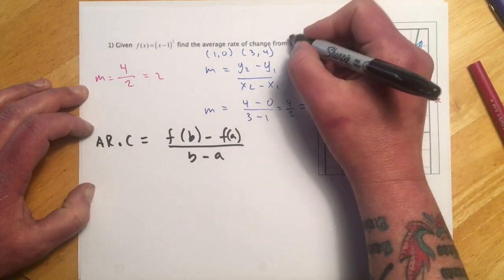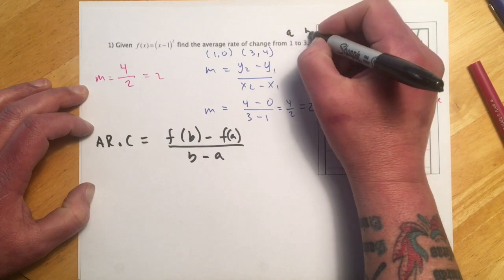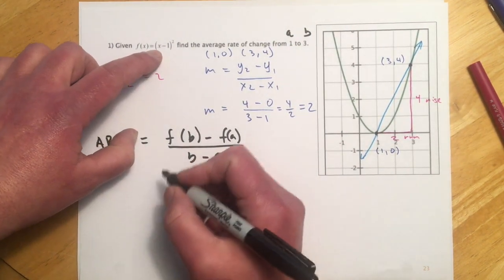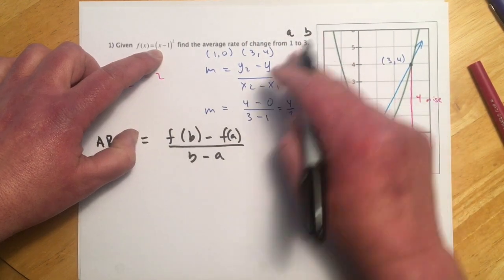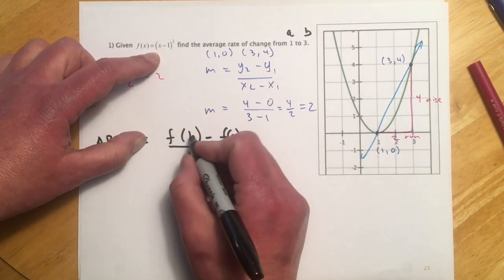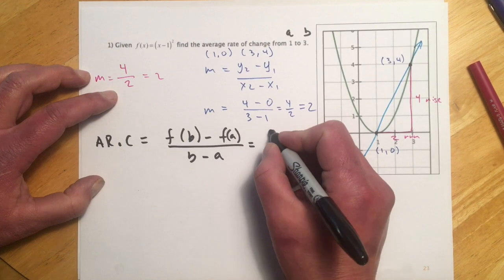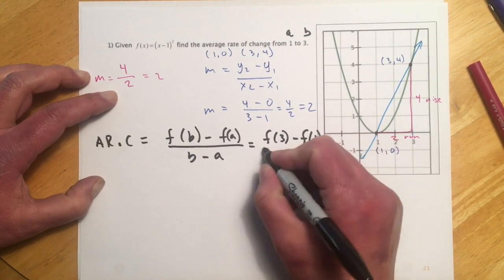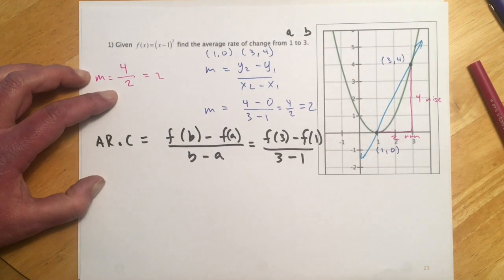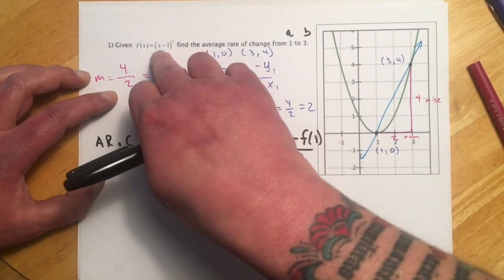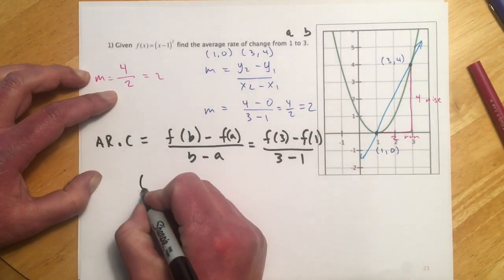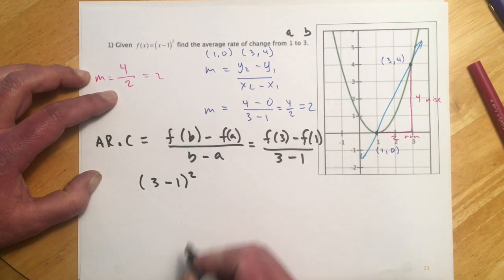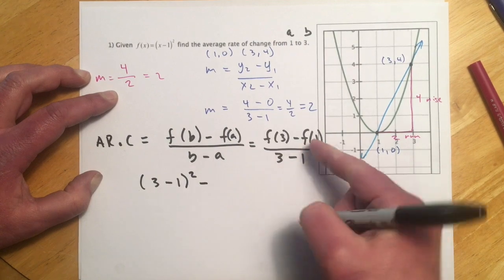From 1 to 3, so this is from a to b. So we're just going to evaluate this at 3, and that would be f of b. Actually, I'm going to write right here, f of 3 minus f of 1 over 3 minus 1. So f of 3, we'll just toss a 3 in here. That's going to be 3 minus 1 squared, and then minus f of 1.